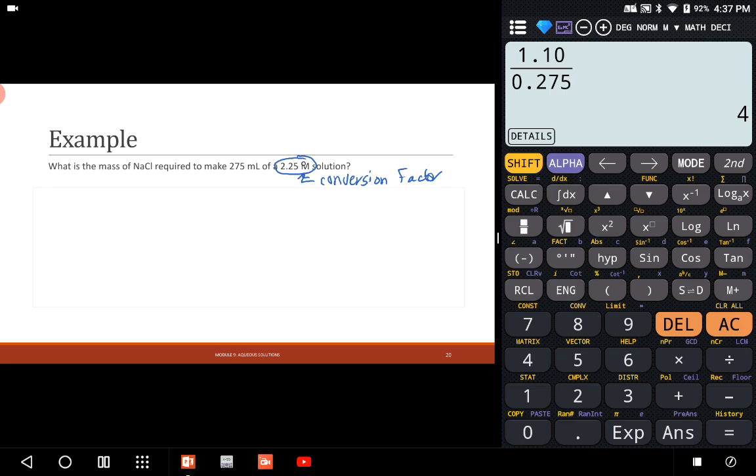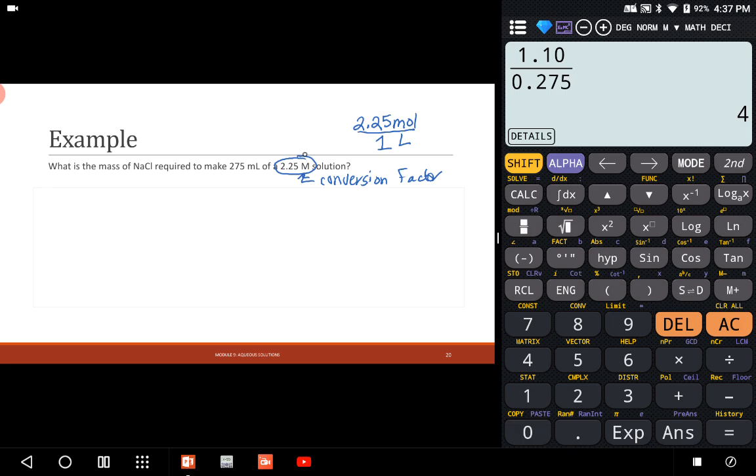A lot of times it's easier to see it as a conversion factor if we don't write the M, and we instead write moles per liter. Because if I want to keep that 2.25 to have a value of 2.25, I can just divide it by 1. Anything divided by 1 is itself.